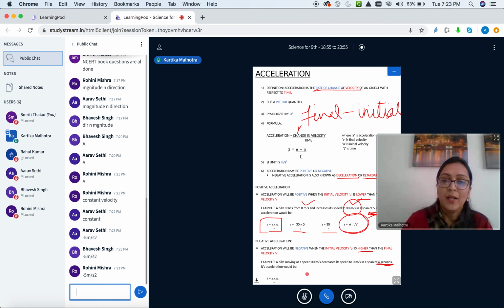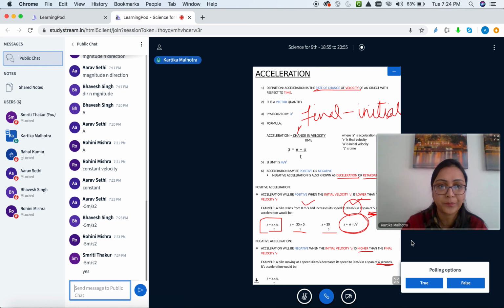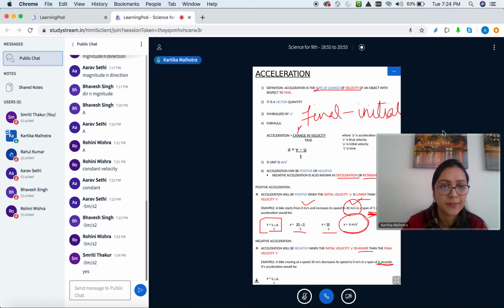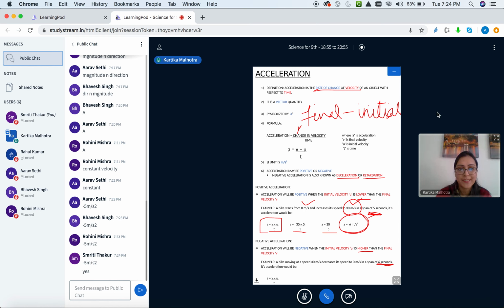Now a quick question. Can I say minus 5 meters per second square is deceleration? True or false? Drop in your answers. Okay, as responses have started coming in. Minus 5 meters per second square is deceleration.